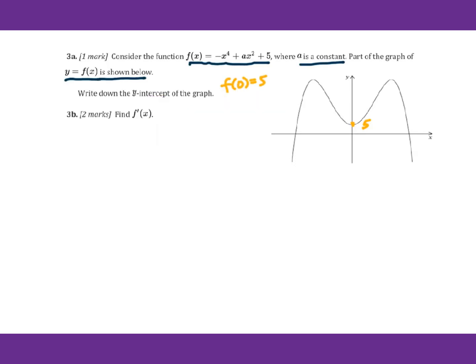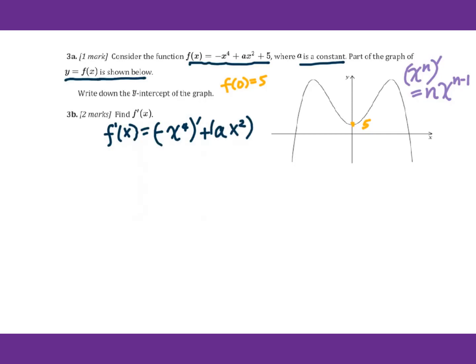Go to 3b, find the f prime of x. Using the power rule of derivative, x to the nth power, the derivative drops down n, then n minus 1. Therefore, for f of x equals negative x to the fourth power plus ax squared plus 5, we take the derivative of each term.